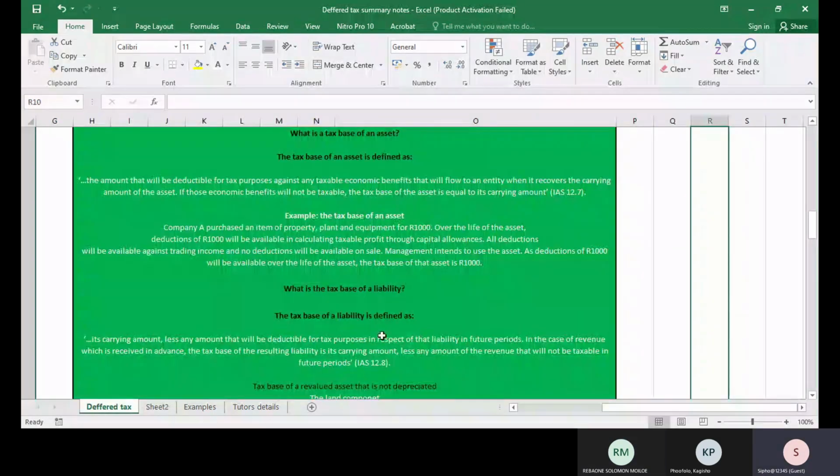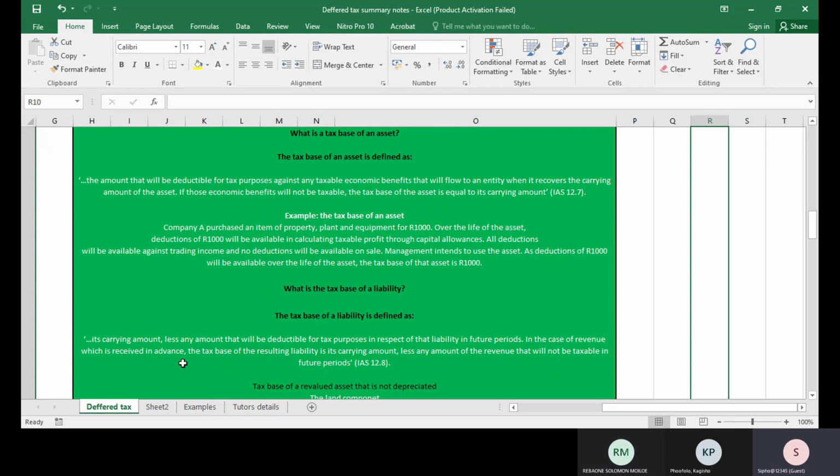It says, in the case of revenue which is received in advance. Revenue received in advance is income received in advance. If, let's say, your client pays you in advance for the services that you still need to render to them, but you haven't, do you agree with me that you have received money that you still owe your client? Yes.